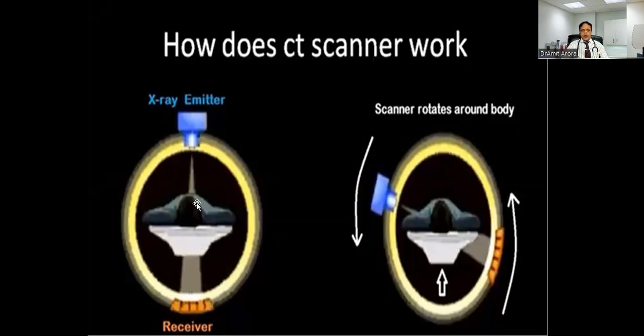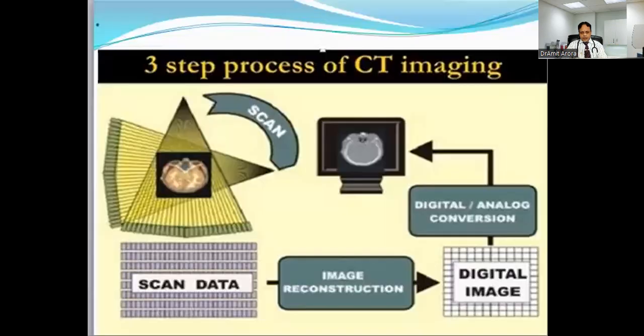So that's why we call it computed axial tomography. And later, the image is sent to the central processing unit, and various other planes are reconstructed. Like this, all information is sent to the central processing unit, then it will reconstruct the various windows. I will be discussing that and the various planes.